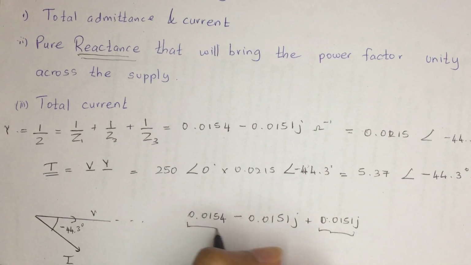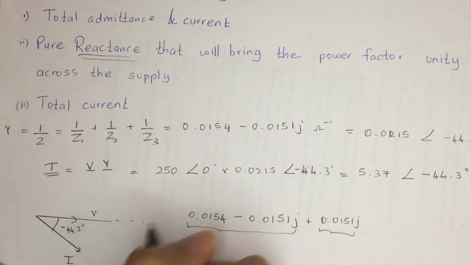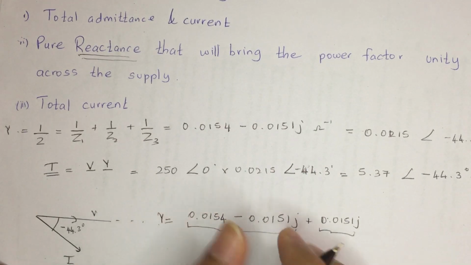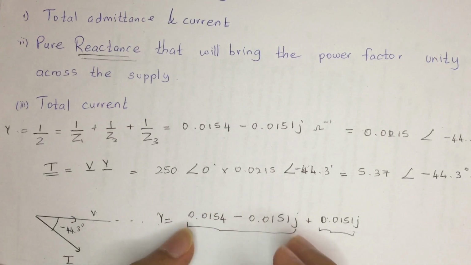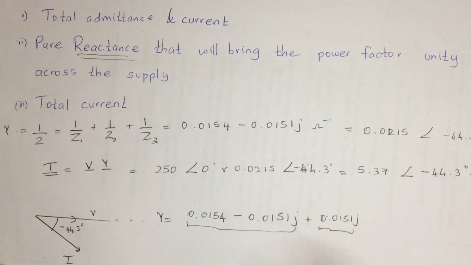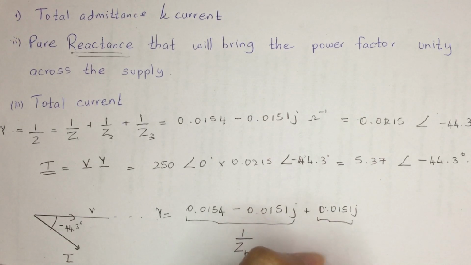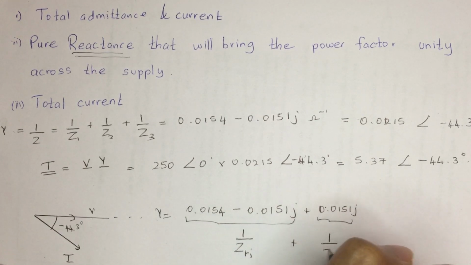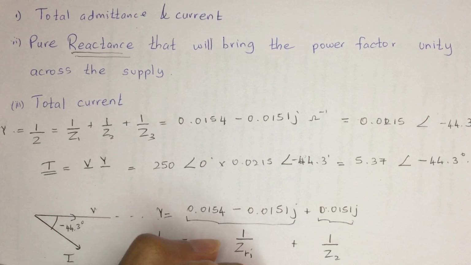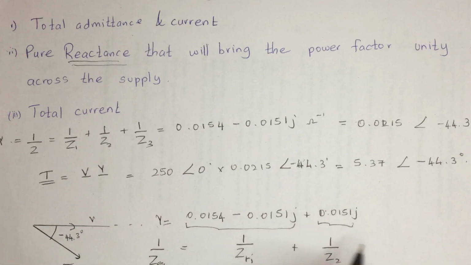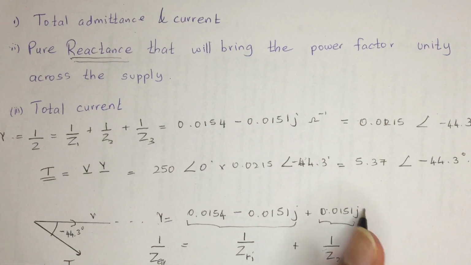We knew that this is one parallel circuit, the first parallel circuit's admittance. When we consider another parallel circuit's admittance, we are going to add these two admittances. Let's say this is the resultant of the first one, 1 over Z1, plus 1 over Z2. This is known as 1 over Z equivalent. Since they are in parallel, you can directly add them.